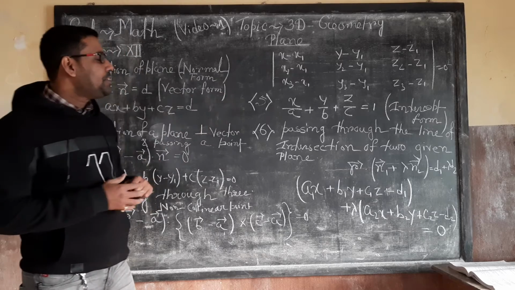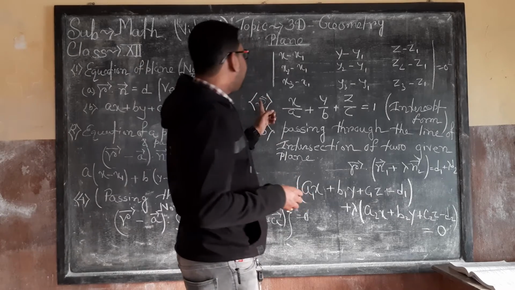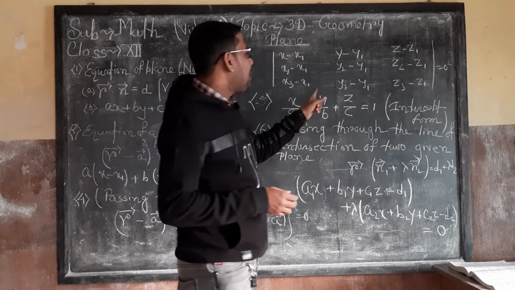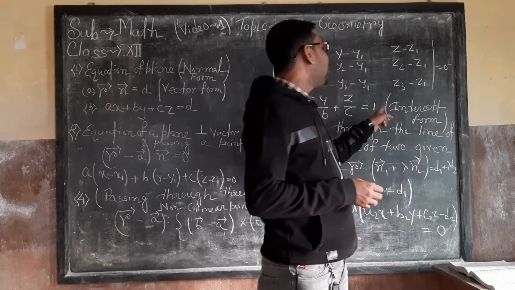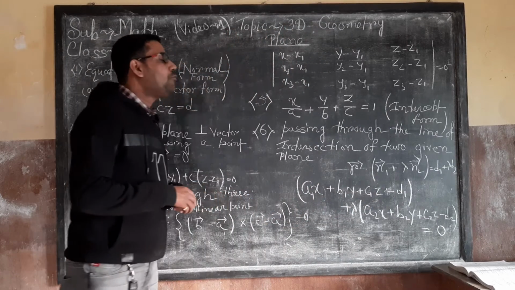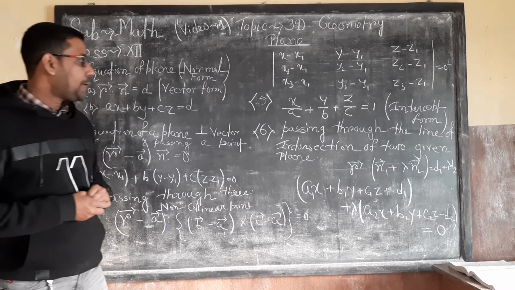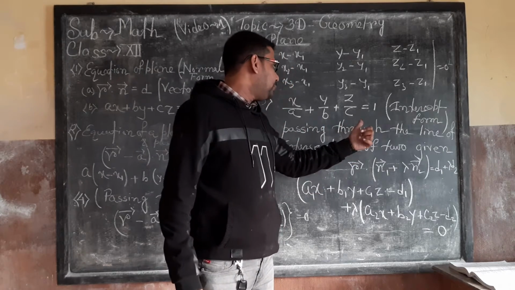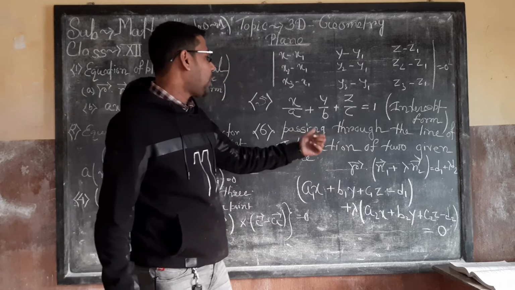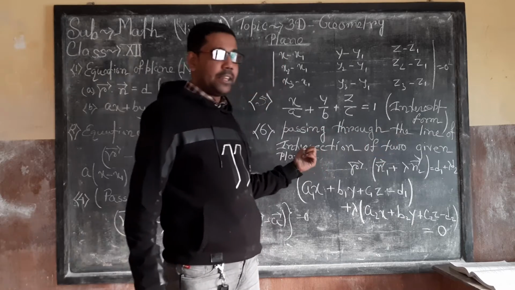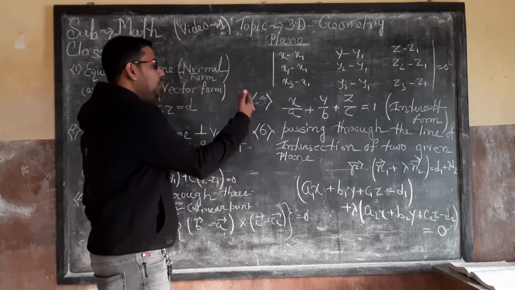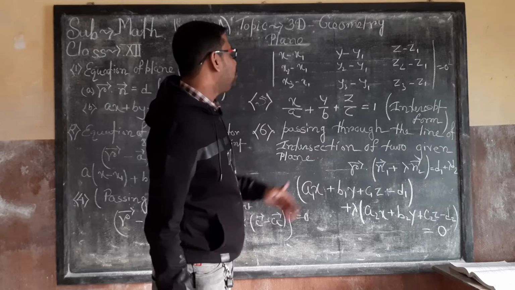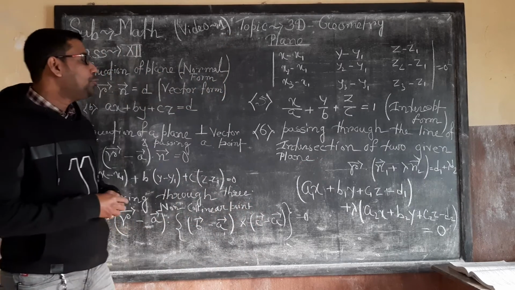And consider number 5, that is x by a plus y by b plus z by c is equal to 1. That is the intercept form of a particular plane. And 6, the plane passing through the line of intersection of two given planes. So this is the equation of this particular plane which is passing through the line of intersection of the two given planes.